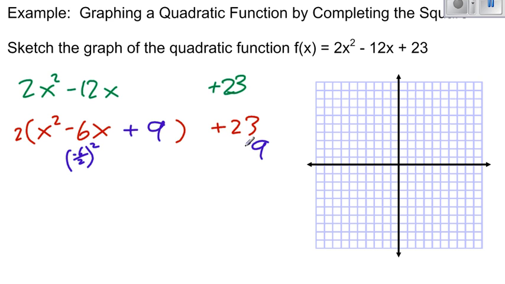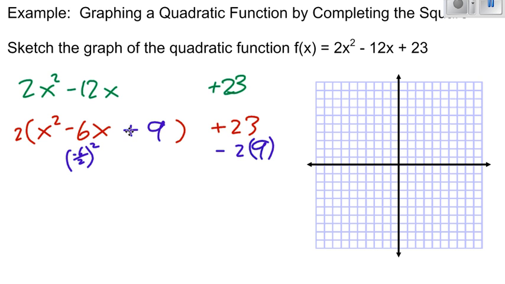We actually need to subtract 9 to keep it balanced, because they're on the same side of the equation. So if we add 9, we need to subtract it. But since we're adding 9 in parentheses with a 2 outside, you have to do the exact same thing, because this would really be 18, so we need to really subtract 18 if you were to think about it that way.